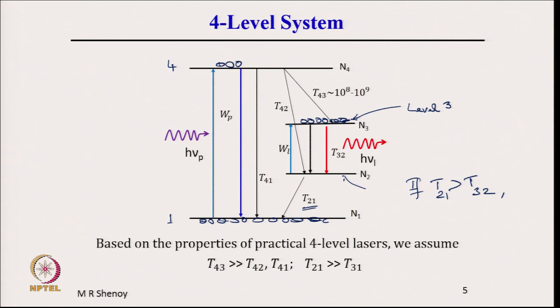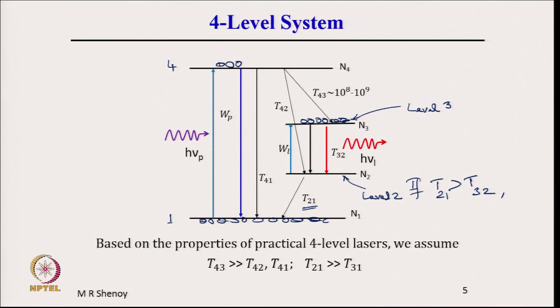So, this is level 2. This is what I mentioned, that you can create population inversion between two excited states by raising a much smaller number of atoms. So, this is the scheme of amplification in a 4 level system.